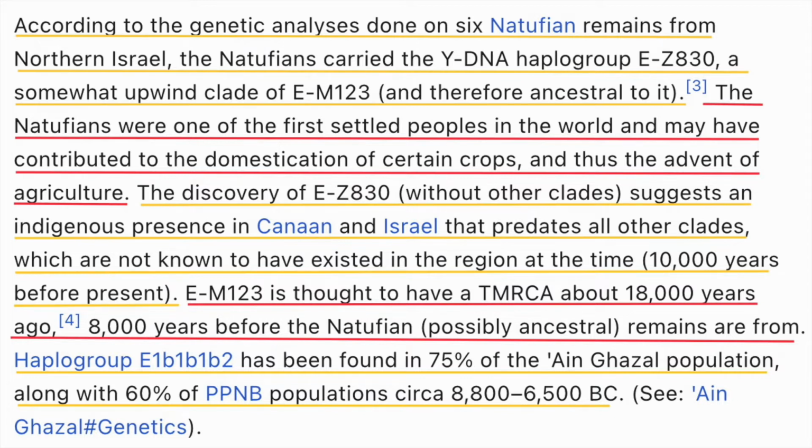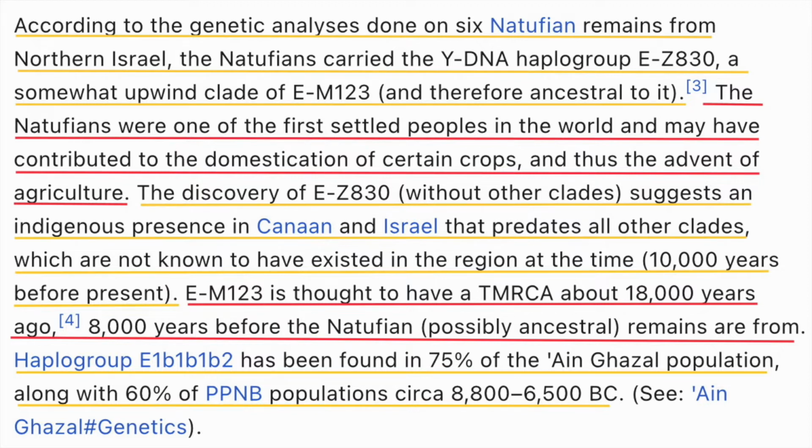E-M123 is thought to have a TMRCA about 18,000 years ago, 8,000 years before the Natufian, possibly ancestral, remains are from. Haplogroup E1b1b1b2 has been found in 75% of the Natufian population, along with 60% of PPNB populations circa 8,800 through 6,500 BC.